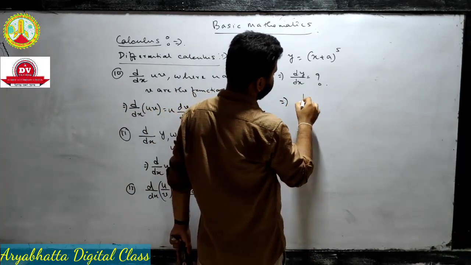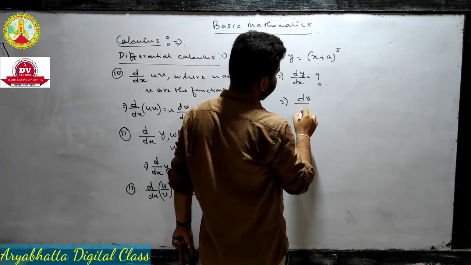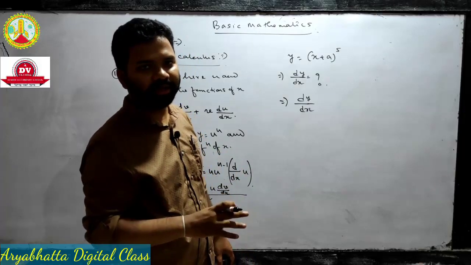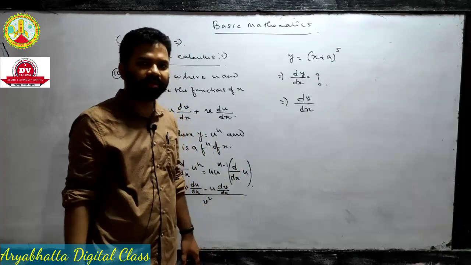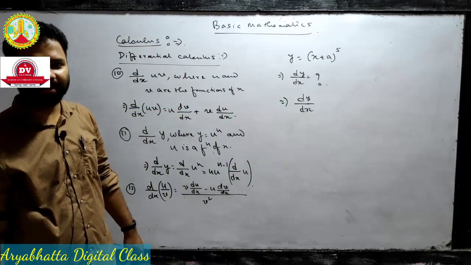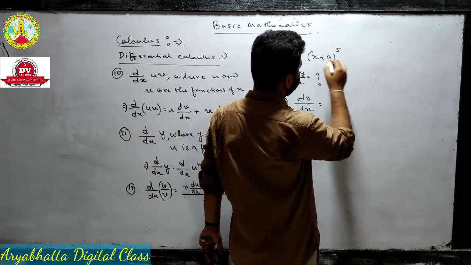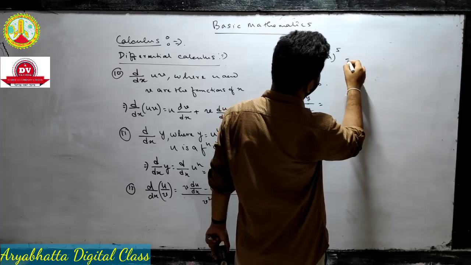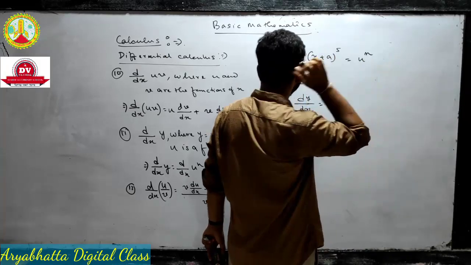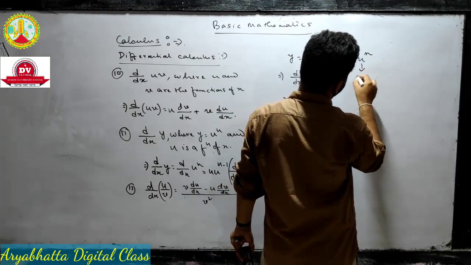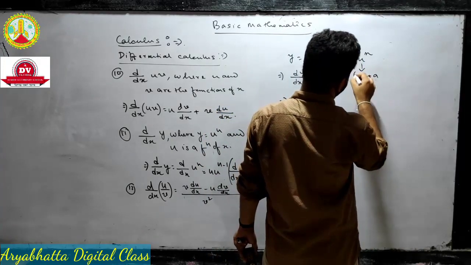So dy/dx. This differentiation is still new, so it will look a little strange. Gradually you will become familiar with differentiation. So what is dy/dx now? This can be written as u to the power n, right? This is u, and u is x square plus a.